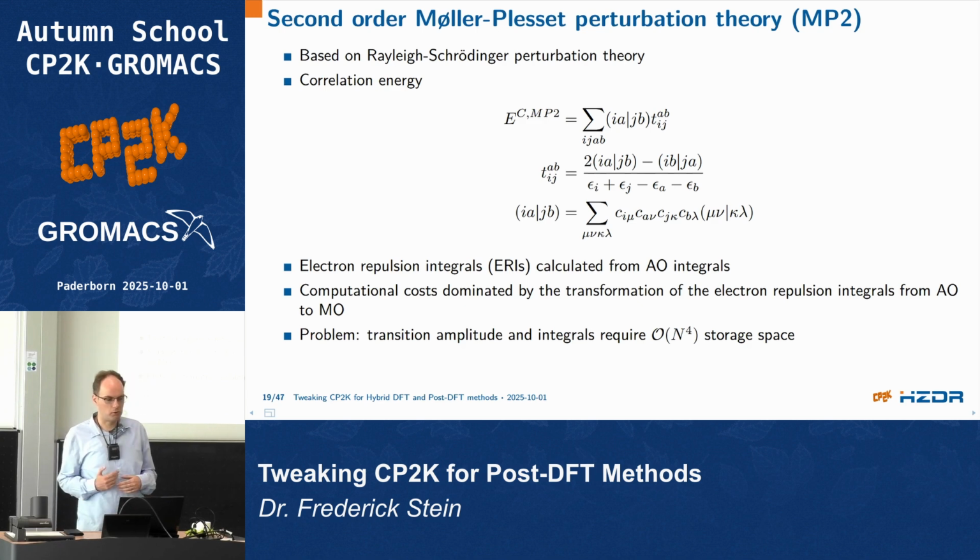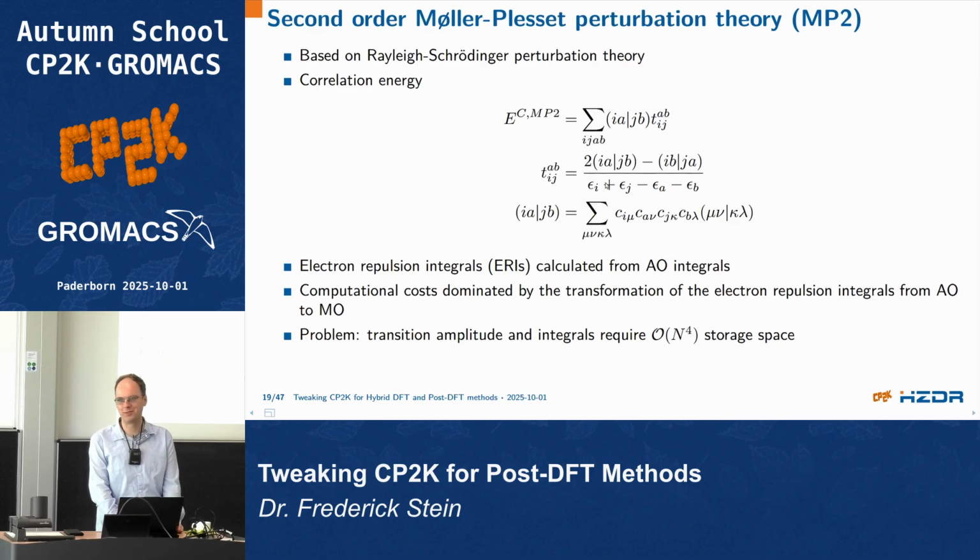MP2 is based on perturbation theory, and basically looks like this. It doesn't look too dangerous for now, but if you check out the equation a bit more deeply, you will see it's basically a sum of some electron repulsion integral with this T, which is some kind of transition amplitude, which again depends on electron repulsion integrals.